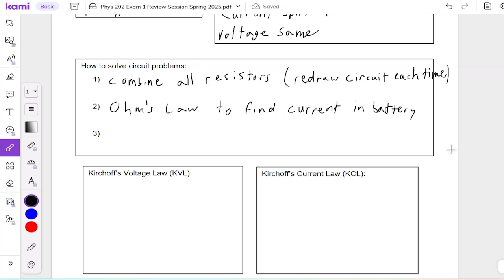The reason is because you already know the voltage of the battery. If you can find the current in the battery, remember, that's the current being delivered to the rest of the circuit. So if the current is, let's say, 10 amps at the battery, that means the maximum is 10 amps to be distributed throughout the circuit.